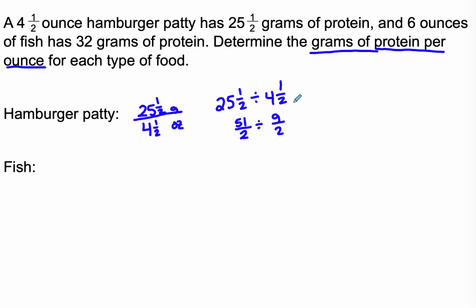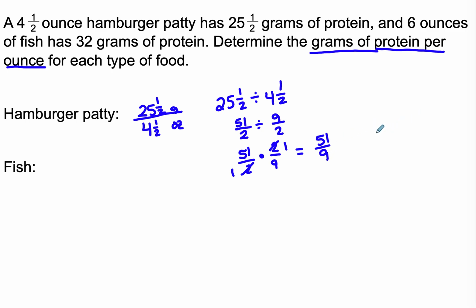Then we do keep, change, flip. We keep 51 halves, change it to multiplication, and flip our last one. I'm going to cross cancel here since I see I have 2's. 2 divided by 2 is 1. 2 divided by 2 is 1. So when I multiply it out, I have 51 ninths.